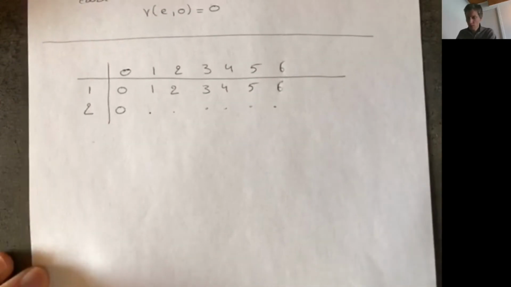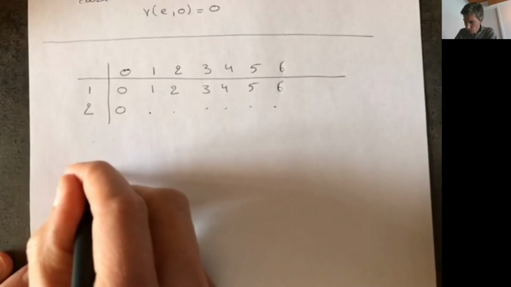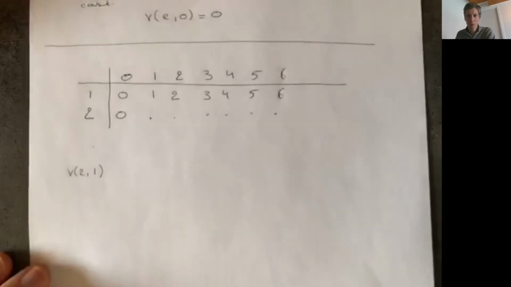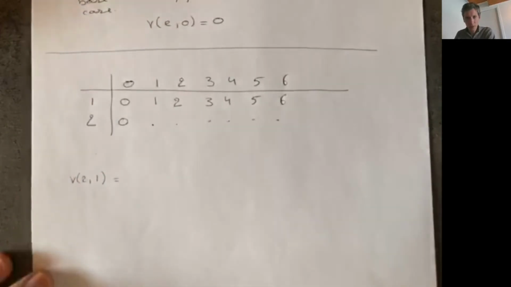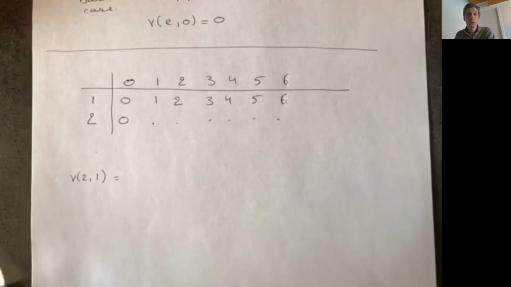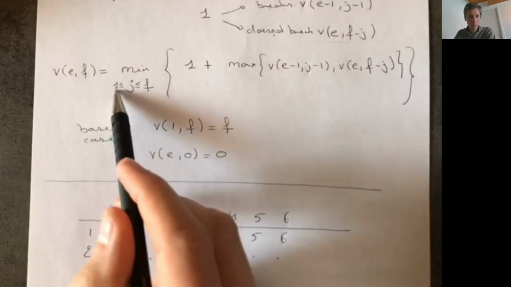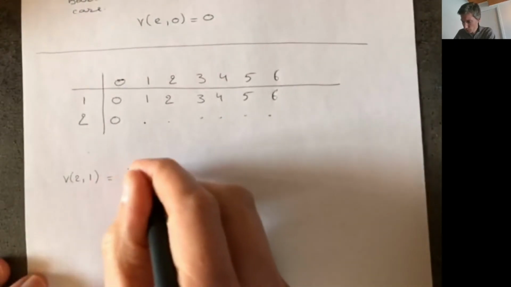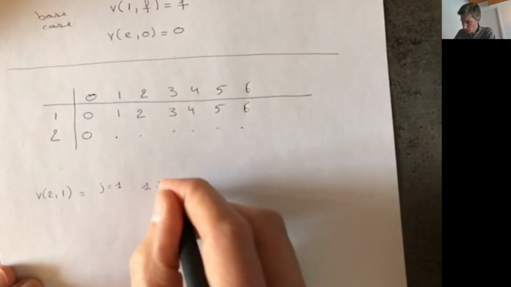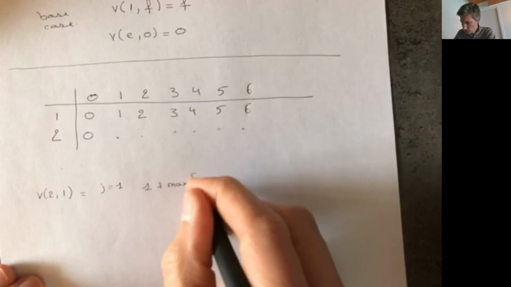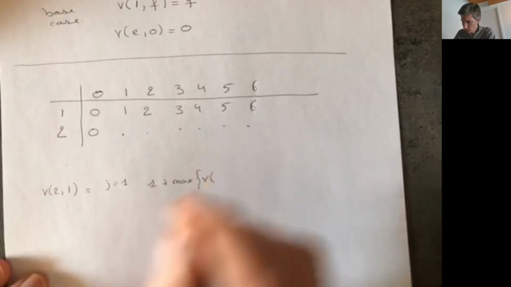Okay, so let me start by computing v2 of 1. So in this case I have 1 floor, so j can only be 1. Okay, here I minimize with respect to j between 1 and 1, so j has to be equal to 1. So I have 1 plus the maximum of v.